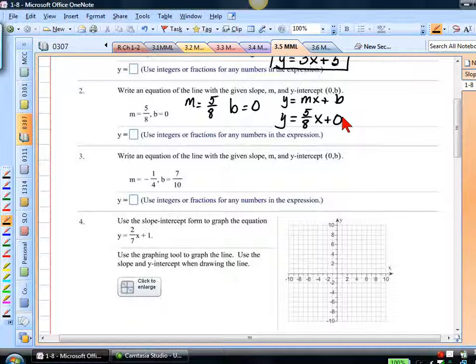Would you actually leave that as a final form? I'm hoping you really wouldn't. Do you need to write down this plus 0? No. So your best final answer would be y equals 5/8 x, and stop. There's no reason to put plus 0.